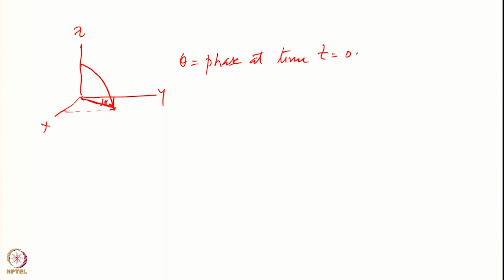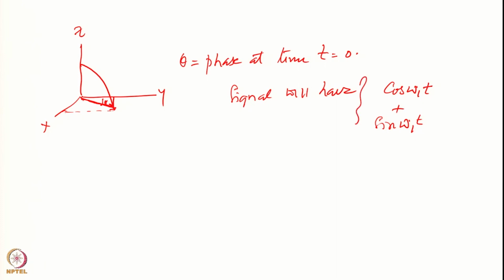In such a situation, your signal will have the cosine component, cosine omega I t, and also sine omega I t. So the signal will have both components.